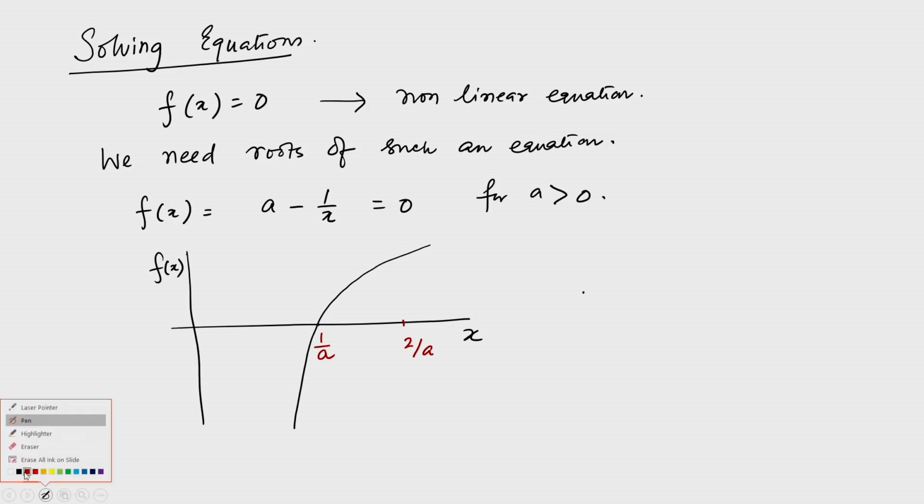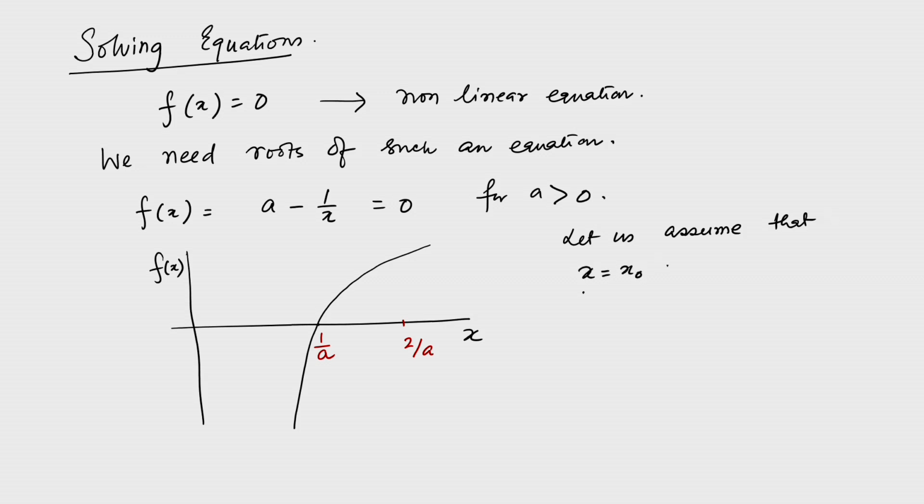And if we do not know the solution, let us assume that x equal to x 0 is the solution, which means I do not know exactly where it is, but I assume that it is somewhere here.